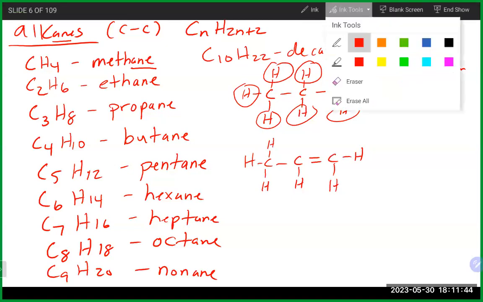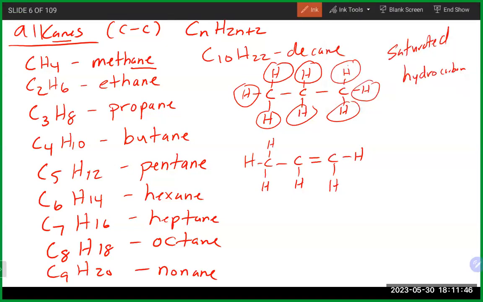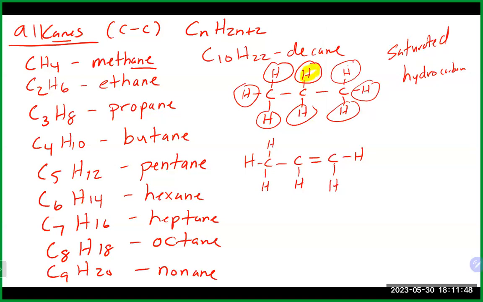In this case, a couple of things are different. First off, we had to sacrifice a couple of hydrogens. The reason is that if we left those hydrogens there, each of those carbons would have too many bonds. So in organic chemistry, every time you add a bond between two carbons, like a double bond or a triple bond, you have to sacrifice two hydrogens, one on each of the carbons. Otherwise, you'll end up with too many bonds.